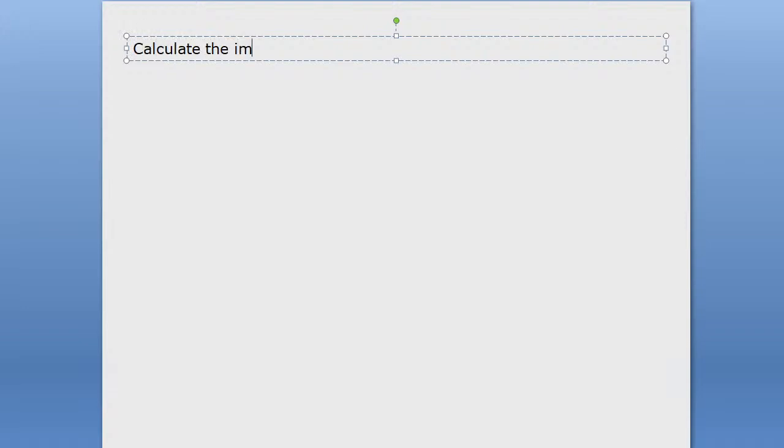You consider the input is a delta function. Calculate the impulse response for the given RL circuit.